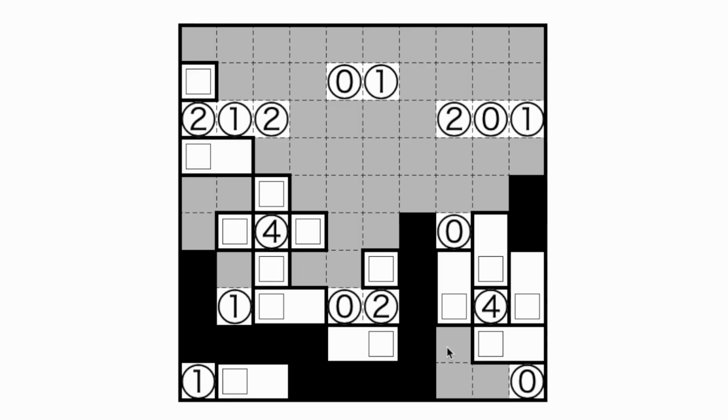If it is not this one, then the shaded region has to take up both of these cells. To avoid a 2x2, this would have to be unshaded, but there's not room for a domino. So that is shaded. That makes this unshaded, which means it's part of a futon, and this is not the pillow. So pillow here, like that.